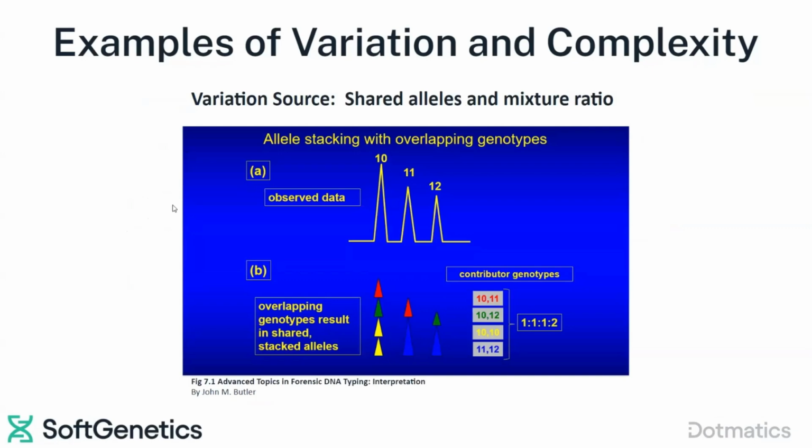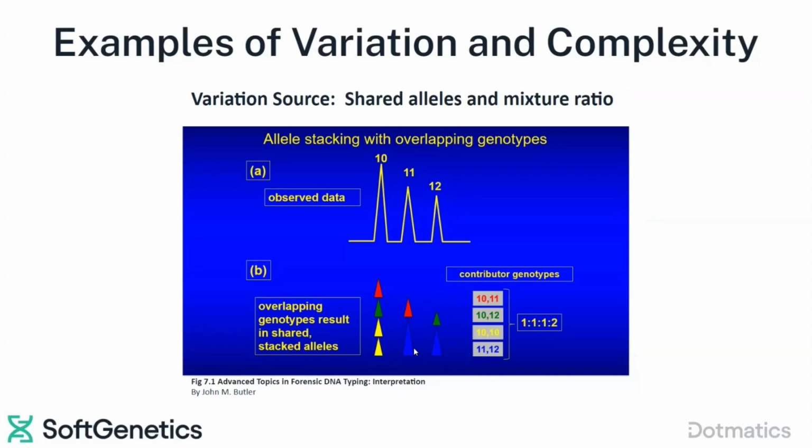Here's a nice image taken from John Butler's textbook, where if the observed data is 3 alleles and there are varying peak heights, what's the actual composition? And so it's showing that you've got 3 minor contributors and 1 that's slightly higher.